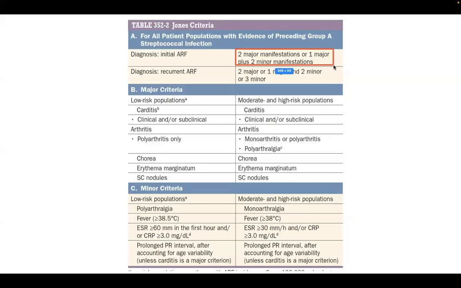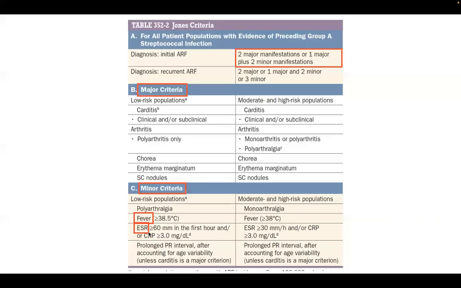Two major manifestations, which is the major criteria here, or one major plus two minor. Of the minor criteria, memorize the fever, memorize the ESR. You can forget about the CRP. Just memorize those two.